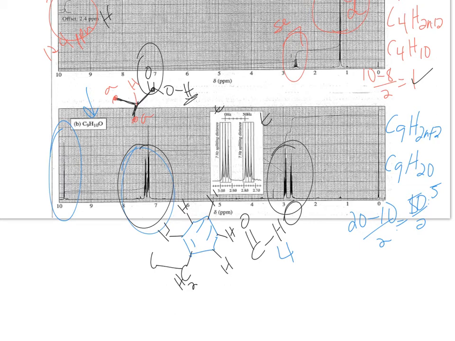So that's a CH2 bonded to a CH2, so that would be a triplet, and that would be a triplet, and they're both 2 protons, and then you'd have your aldehyde. So if you counted up how many carbons you have, 6, 7, 8, 9, you have 1 oxygen, and you have 10 hydrogens. So you have this aromatic aldehyde.